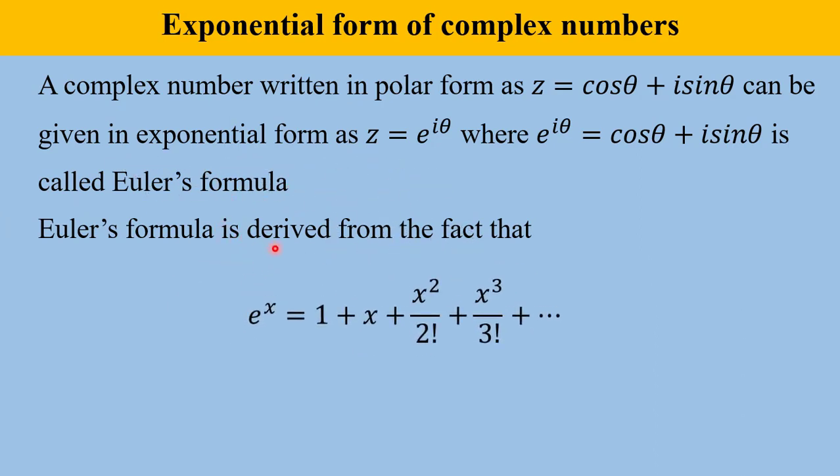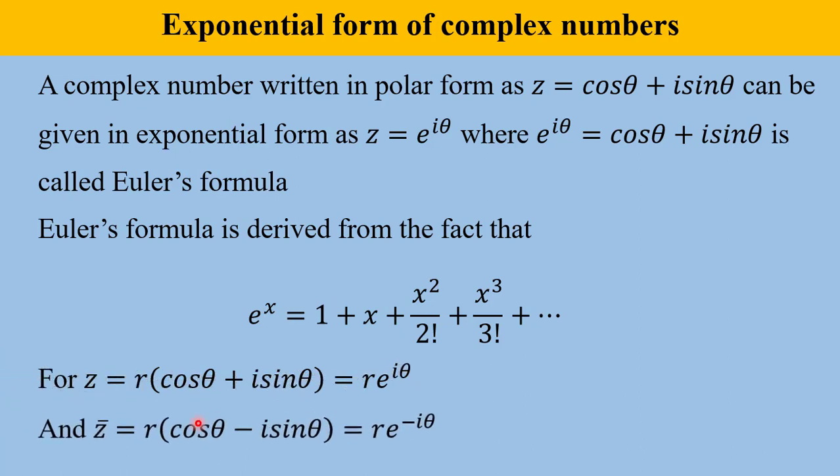Euler's formula is derived from the fact that e power x is equal to 1 plus x plus x squared over 2 factorial plus x power 3 over 3 factorial plus so on. For z is equal to r into cos theta plus I sin theta, we shall find that it will be expressed as r e power I theta.